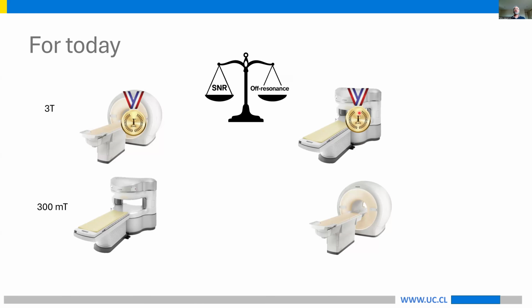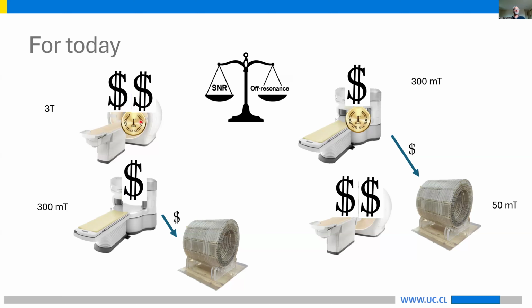Now, then you will say which one to choose. Well, of course, it depends, and this is not the whole picture because we need to consider the cost. A 3 Tesla scanner costs a lot of money.